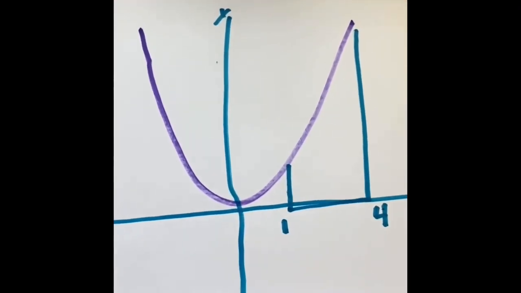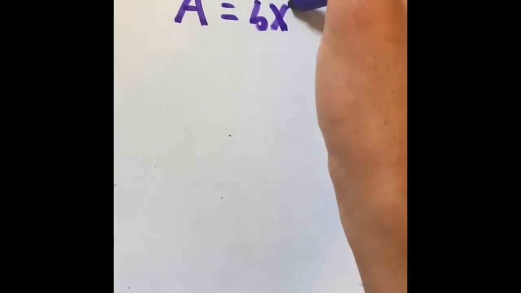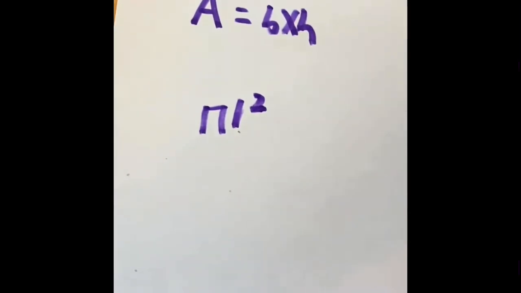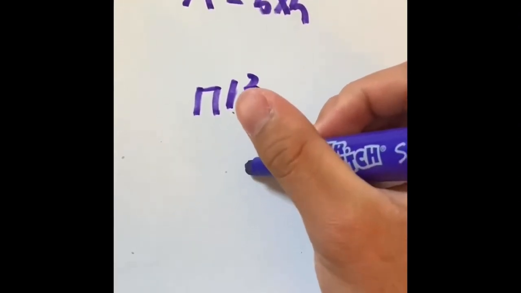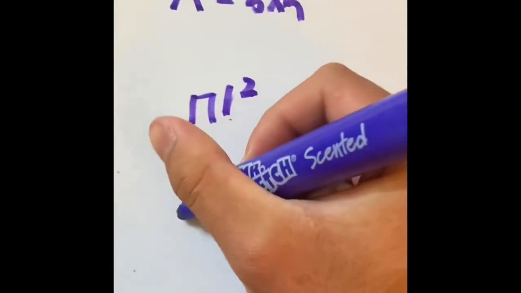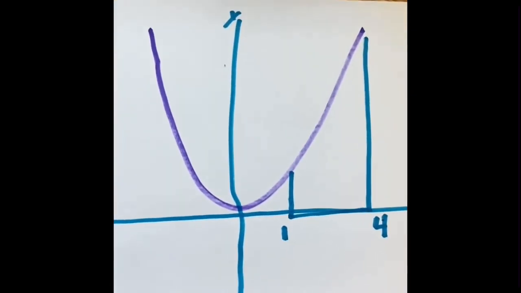Other shapes like squares, rectangles, and circles are different because they have fixed formulas, like area equals base times height for a rectangle, or pi r squared for a circle, or base times height divided by 2 for a triangle. The problem is, what's the formula for this?